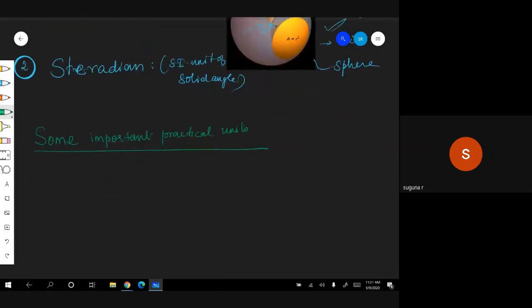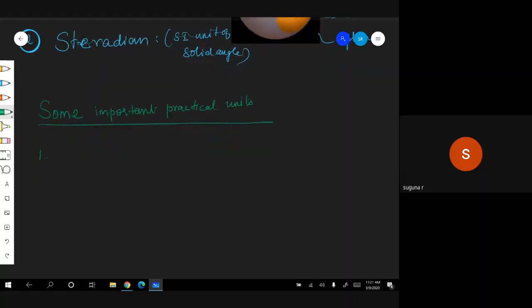First, we start with macroscopic measurements. Macroscopic means very large units. To start with, measurement of very large distances. We are going to see what practical units we use in measuring very large distances. These are very important topics, so just be attentive.